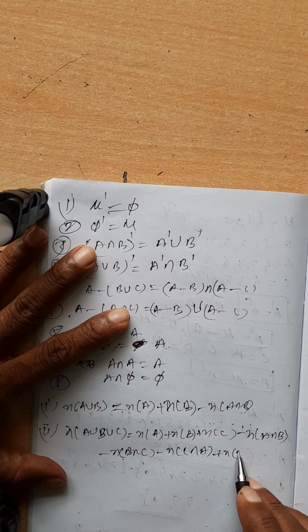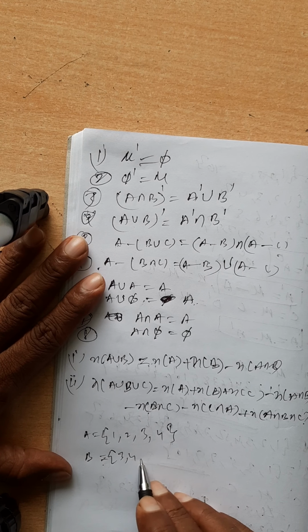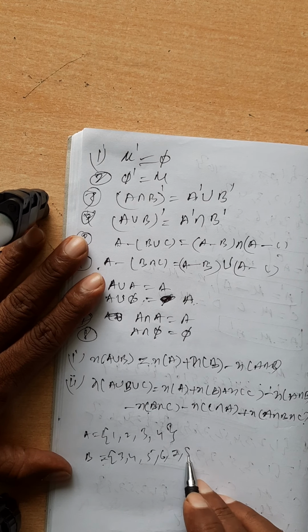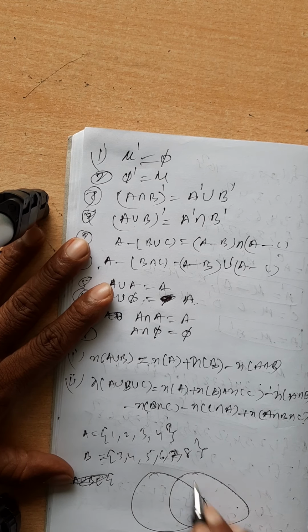You can find the value and elements. Suppose we take an example: A is the set 1, 2, 3, 4. B is also a set: 3, 4, 5, 6, 7, 8. How many elements are there? If you take A union B, we are taking it from a Venn diagram like this.